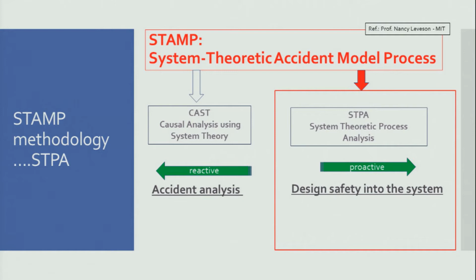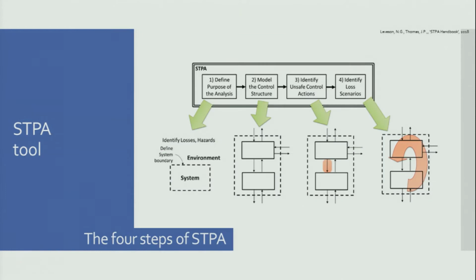STPA is developed in order to be proactive and to help people to design safety into the system, and in our case to design safety on board the ship. There is a handbook available on the website because Nancy is very supportive in developing documents in order to apply the STPA tool and also the CAST tool.